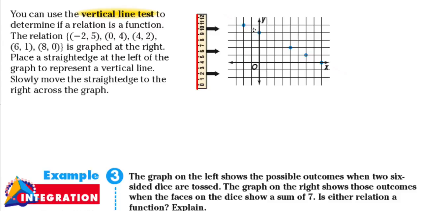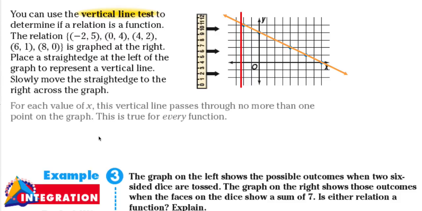What you can also do is use a straight edge like a ruler, for example, and slowly move that ruler, that vertical line, across your line right there. Now what do you notice? Every single time you move that vertical line across that line, it intersects that line at exactly 1 point.